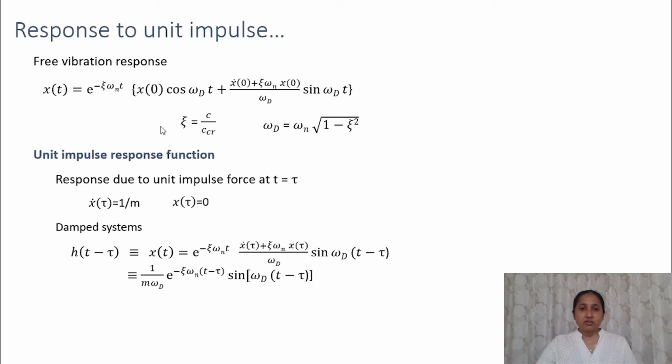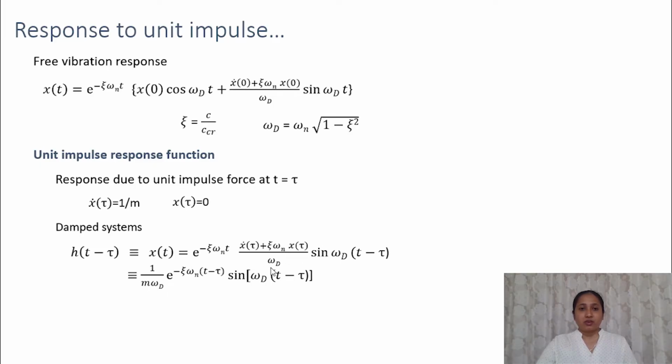We can substitute the value of this displacement and velocity in this expression. So the displacement is 0, so this term will vanish, and we have this term with x naught dot replaced by our x dot tau.